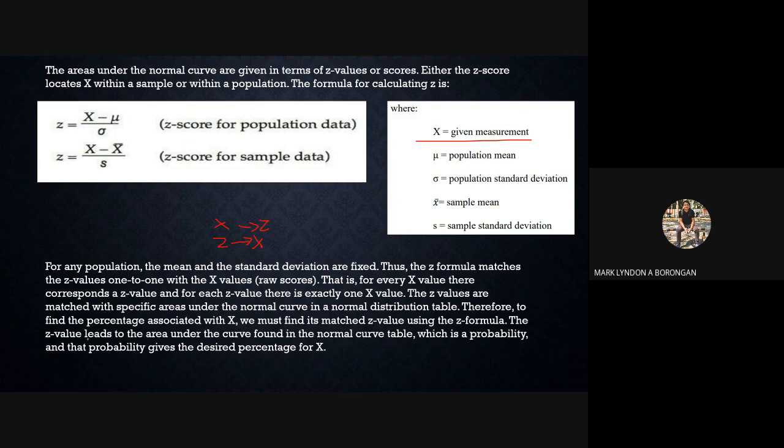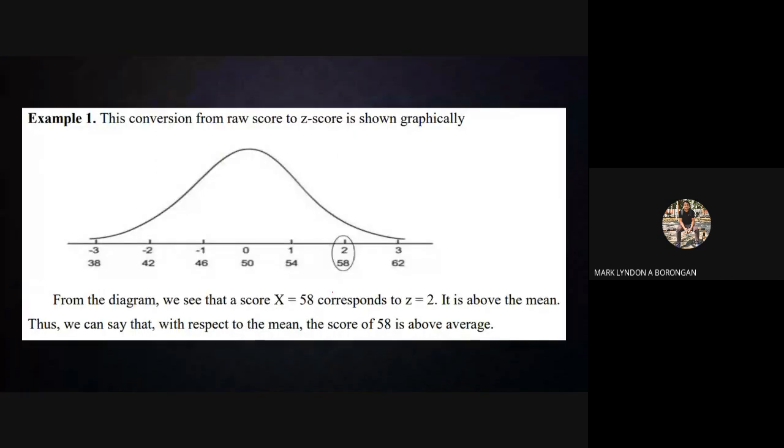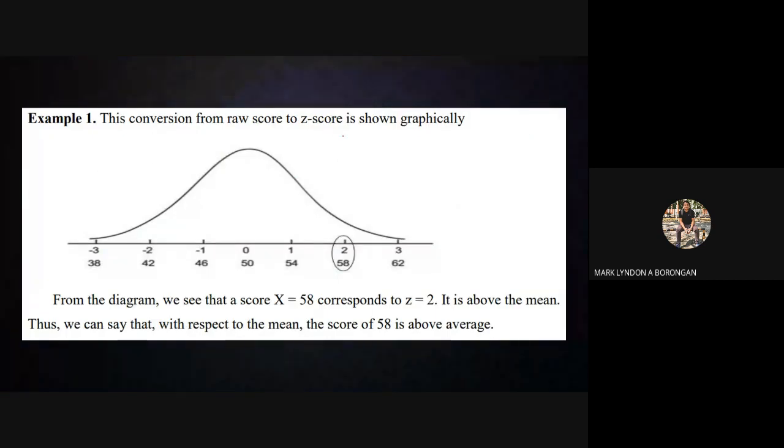And the z value leads to the area under the curve found in the normal curve table, which is a probability, and the probability gives the desired percentage of x. So, let's have an example. This is a conversion from raw score to z-score that is shown graphically. This is the normal curve.